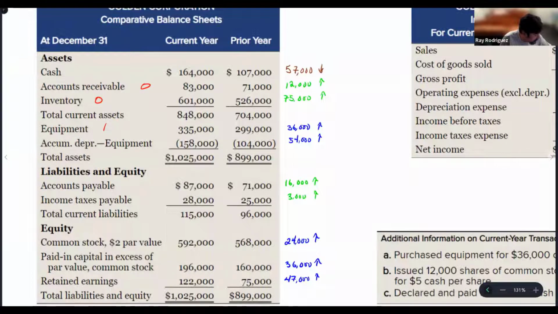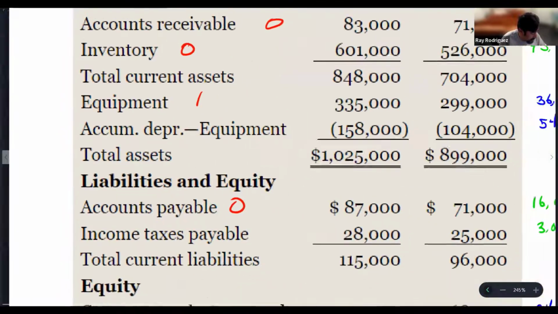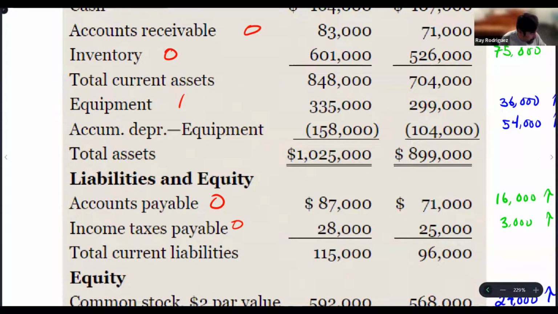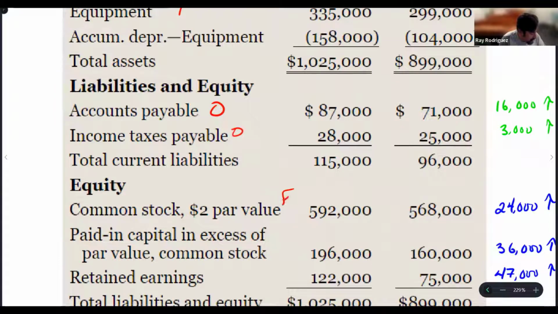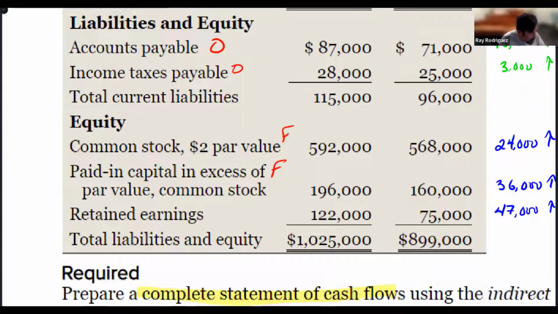Equipment is investing. Accounts payable is operating. So is income tax payable. Common stock is financing. And paid in capital in excess is also. And then retained earnings, the dividend piece, is going to be financing.